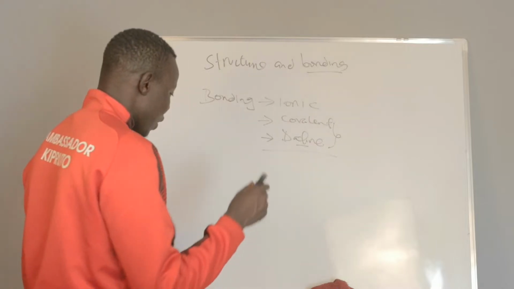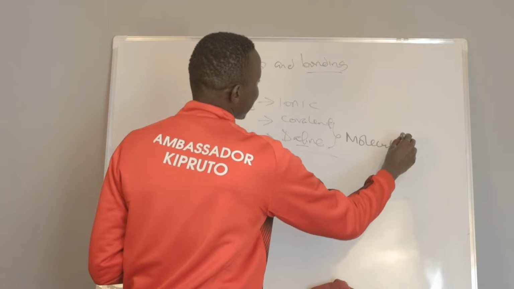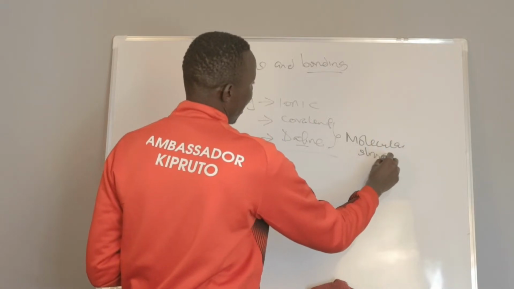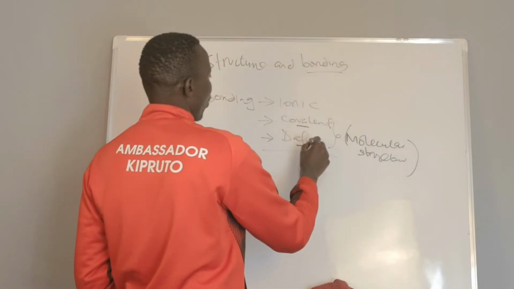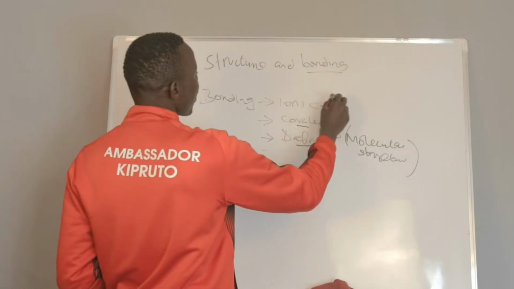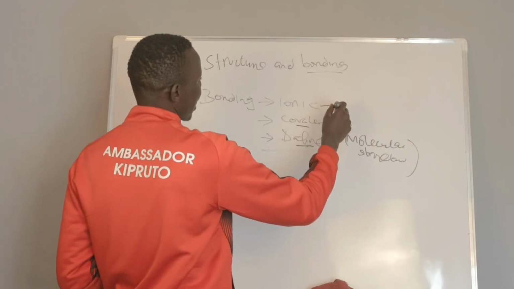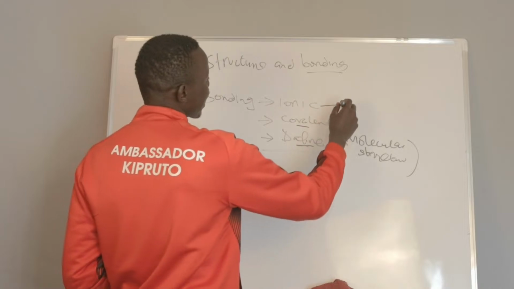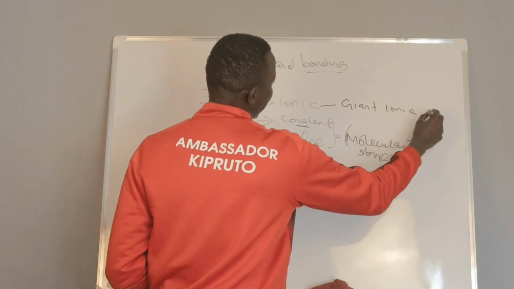Molecular structure comes as a result of covalent or dative bond. For ionic bonding, we said the type of structure that comes from here is the giant ionic structures.